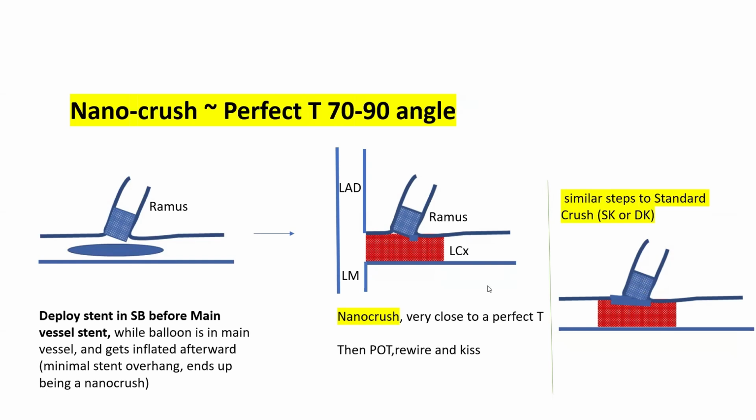The difference is that you're crushing very little to no stent at the ramus ostium, unlike the traditional crush where you're crushing a larger amount of stent. And after you deploy the main vessel, in this case the left circumflex stent, you rewire and do a kissing balloon. So nano crush, very similar steps to SK crush, but it looks different.